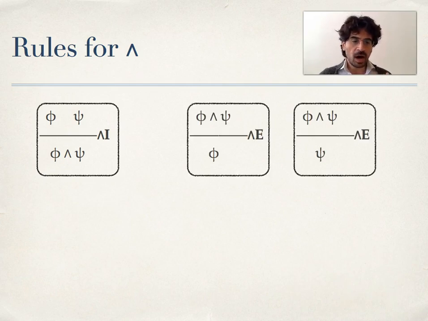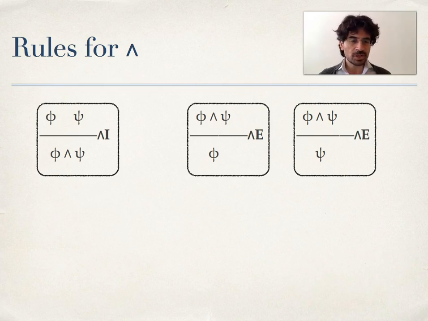On the right-hand side, you see instead conjunction elimination. Conjunction elimination is the opposite of conjunction introduction. So these two rules say that if you have a derivation of phi and psi, then in the next line you can write one of the conjuncts independently. So you can write phi or you can write psi.